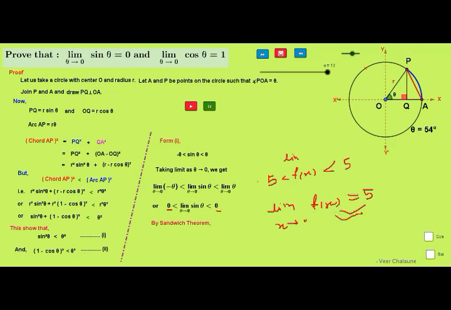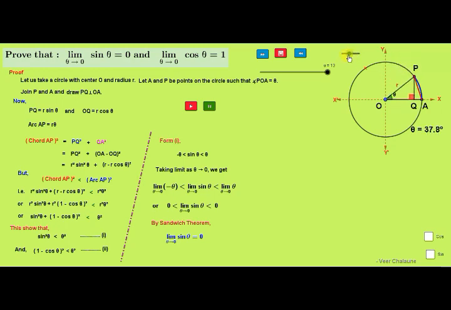I will explain it later if you are confused about the sandwich theorem. Anyway, according to the sandwich theorem, this gives us the limit as theta tends to 0 of sine theta equals 0. Look at here, while this sine theta comes to 0, this gives us the value 0.